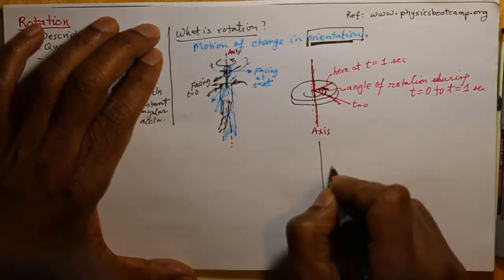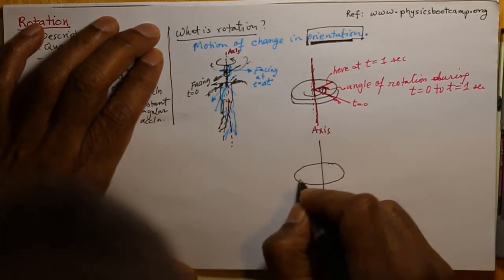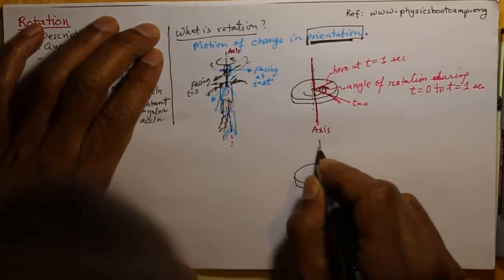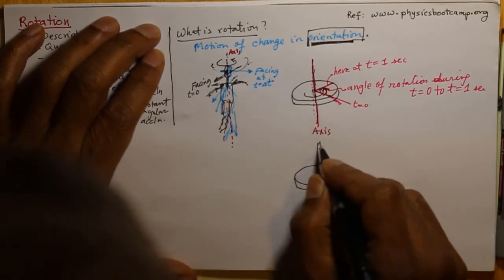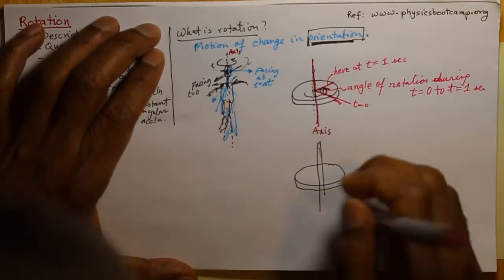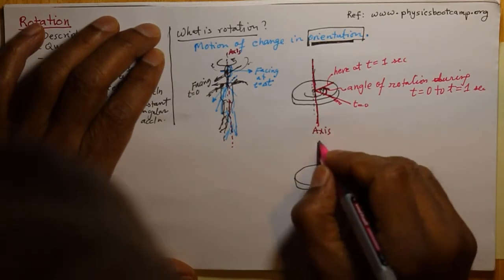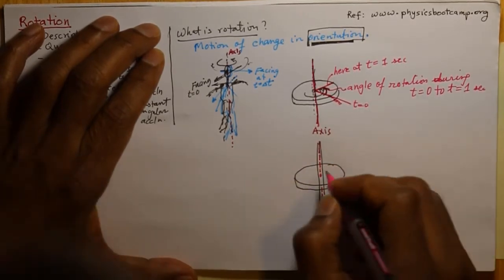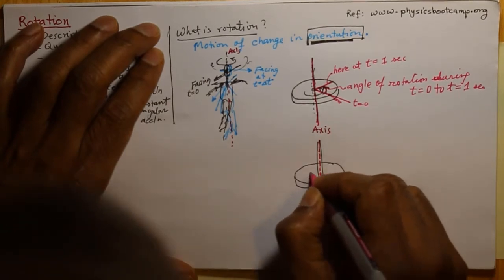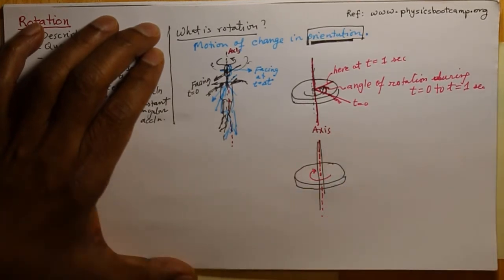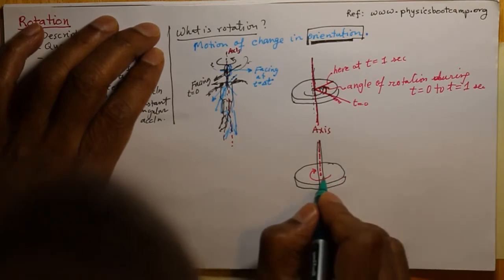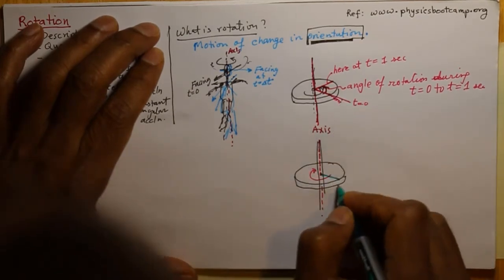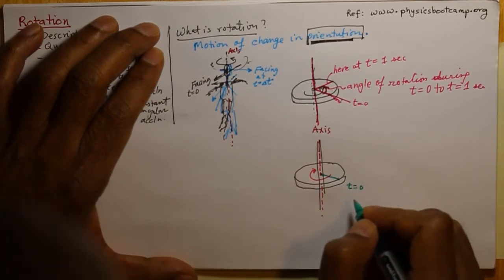Similarly here, it rotated this way, versus if I had the same disc, with the axis here, but this one was rotating this way, and you had started out with the marker in the same orientation at t equal to 0.